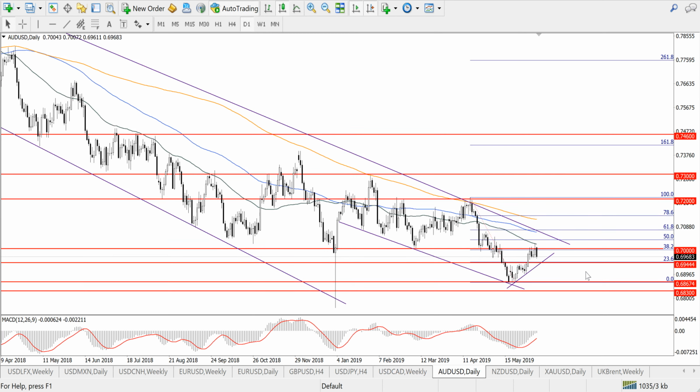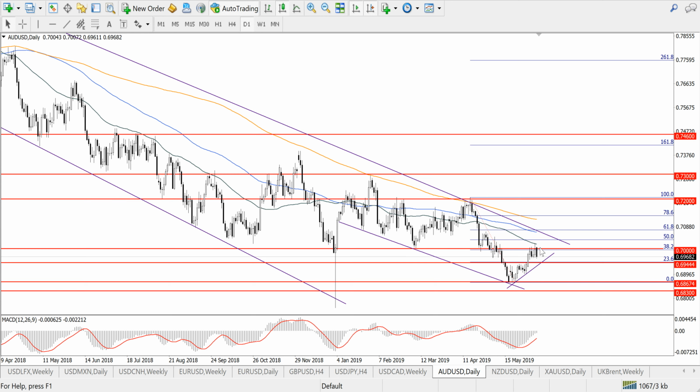Australian dollar remains in a major negative trend. It was stopped by the decline in the 50-day moving average and the key level of 0.70. The price declined. The decline will find support around 0.6944, and as long as we stay above this level, Australian dollar will keep trying to test higher levels.